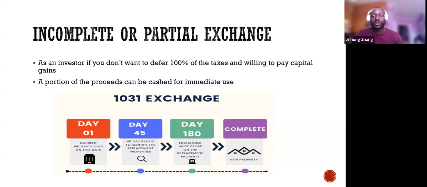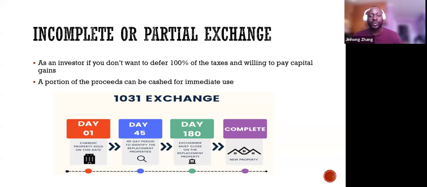So if you're an investor and you maybe have some medical bills, or you have a vacation that you would want to take that's long past due, or anything that might come up, if you have a property that you are willing to sell, you can do what's called the partial exchange, where you take a portion of the proceeds and keep it for yourself.